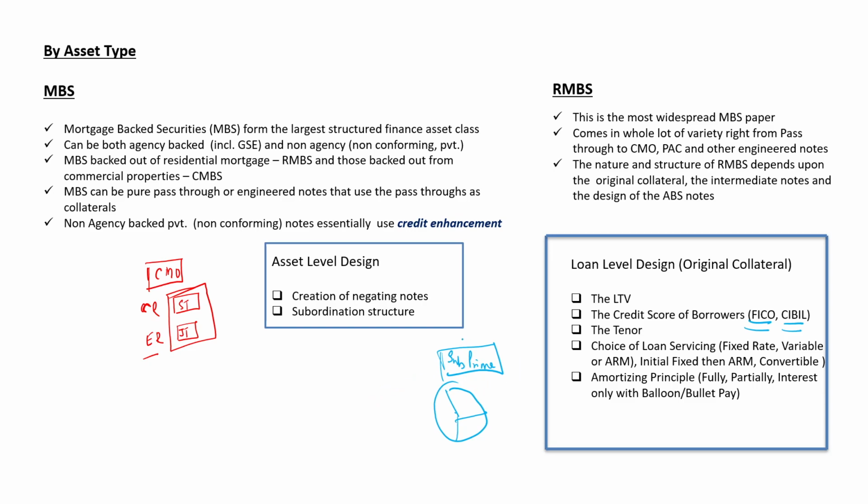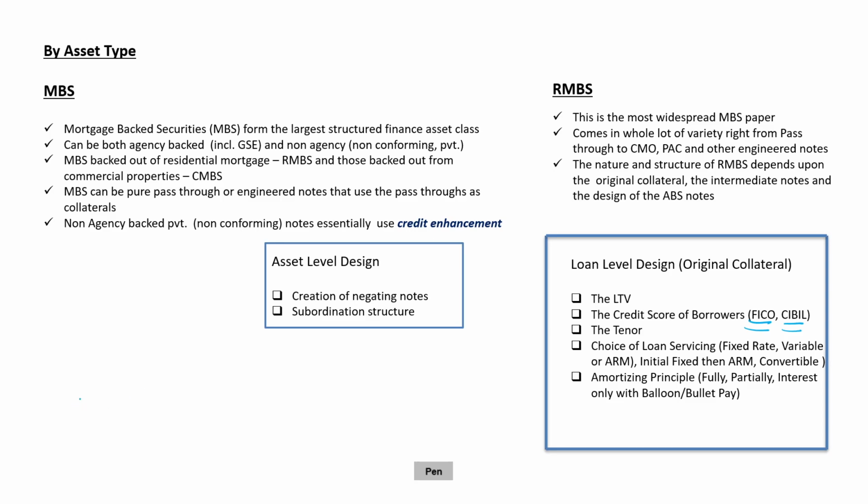The other aspect is how the cash flows are structured as far as the borrowers are concerned. Now, the mortgage payment comprises each month interest as well as the principal as well as the prepay; the last two put together are called the amortized principal.